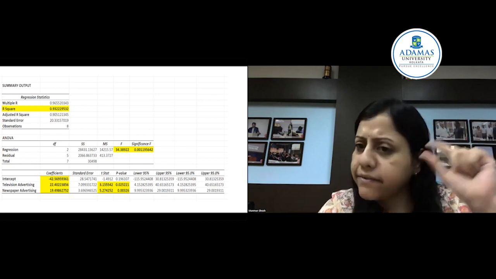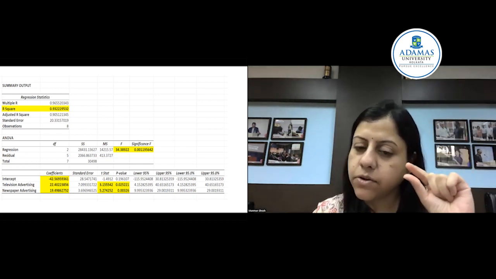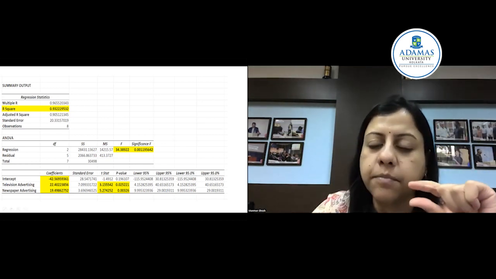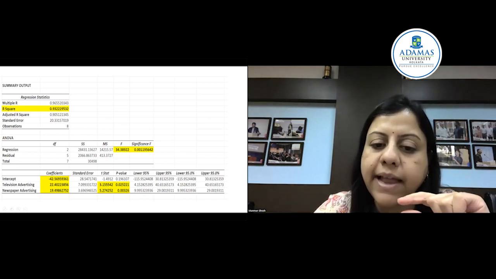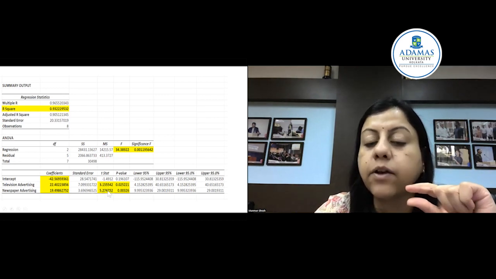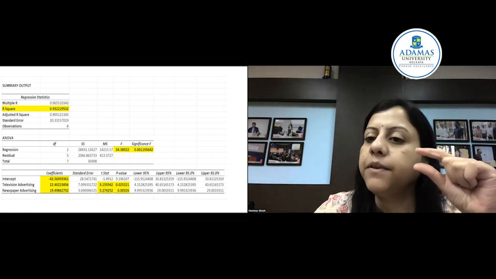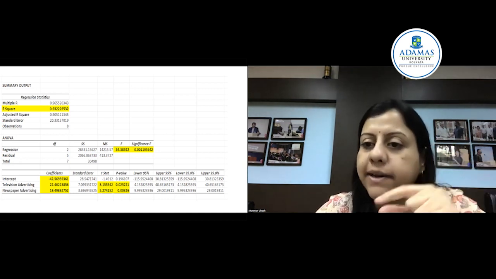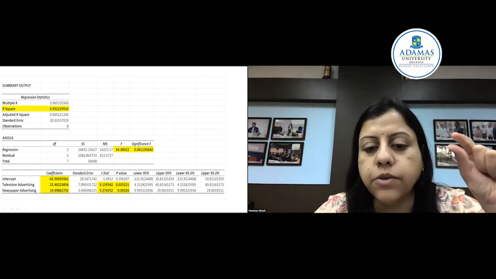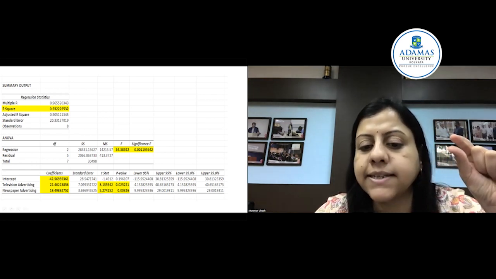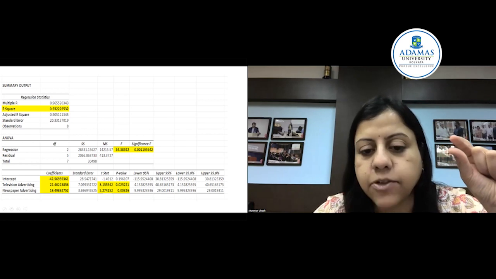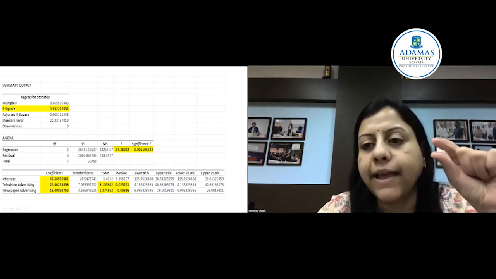But whether each individually has a significant impact or not is told by this p-value. T-stats is the test that has been used to test the individual relationship. So we have to record T-stats, but the implication is actually drawn from the p-value.